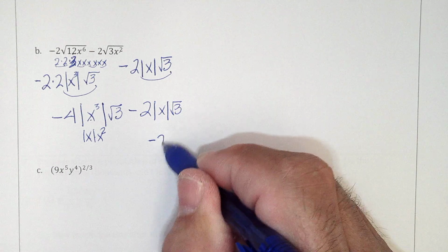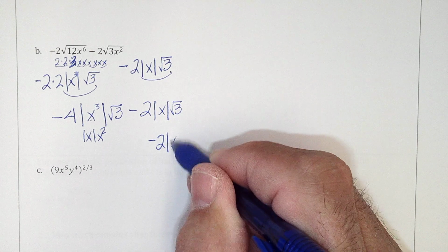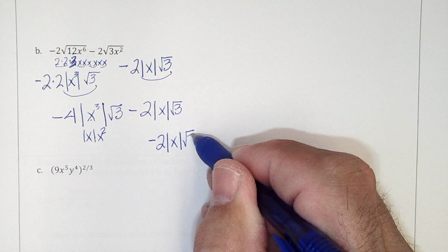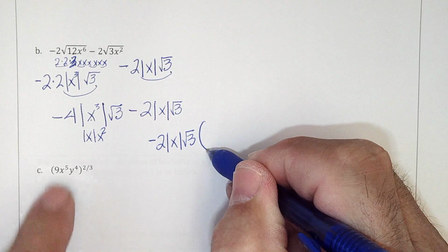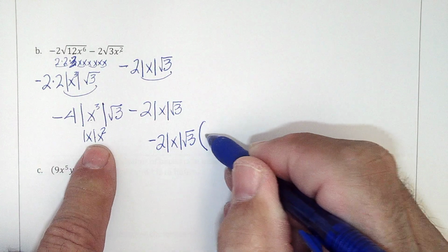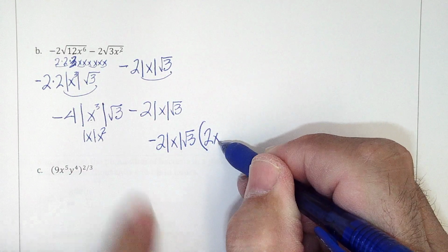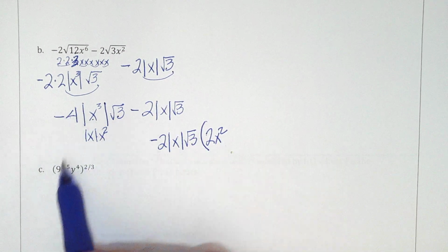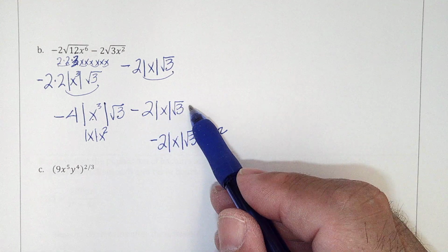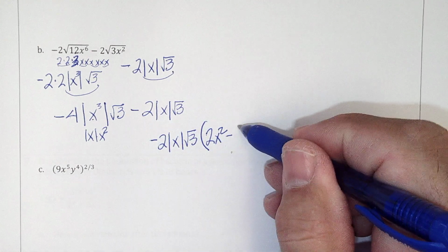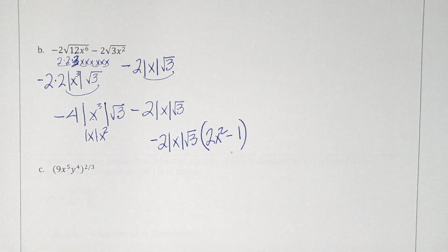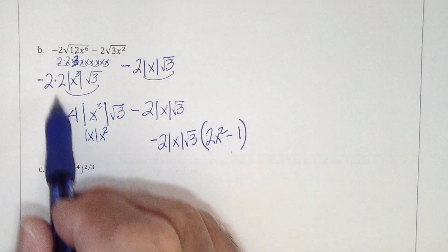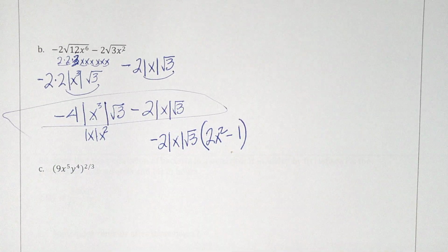I could go -2 absolute value of x square root of 3 times 2x squared. That's what would be left here, taking a 2 out of that. And here there would be -1. So I could factor it like that, but this is fine.